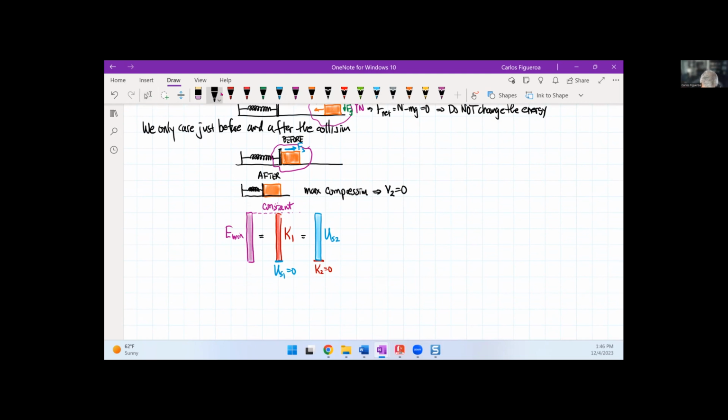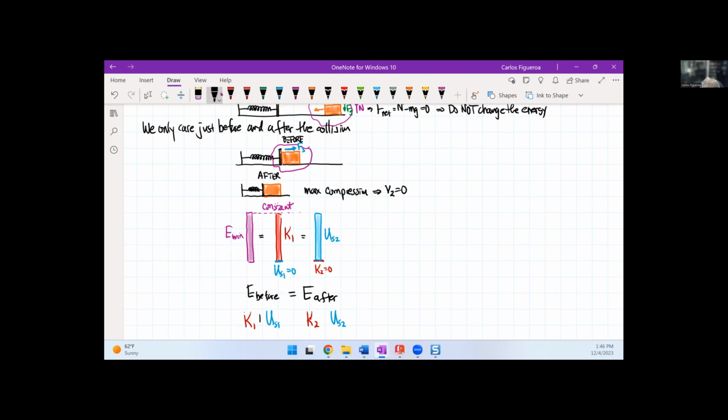Note that I didn't include gravity, so I don't have to worry about gravity. Then I ask, what is the energy before? What is the energy afterwards? I have this amount of kinetic energy and this amount of spring potential energy. And then afterwards, I have that amount of kinetic and that amount of spring.